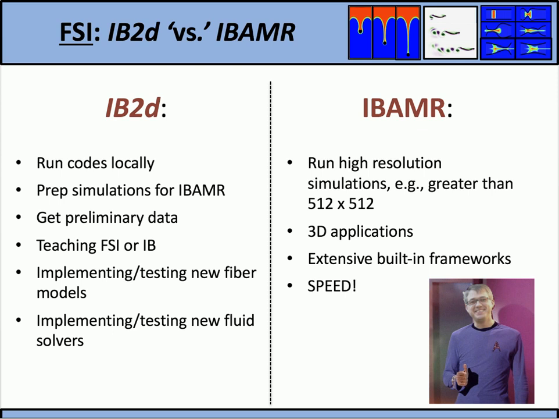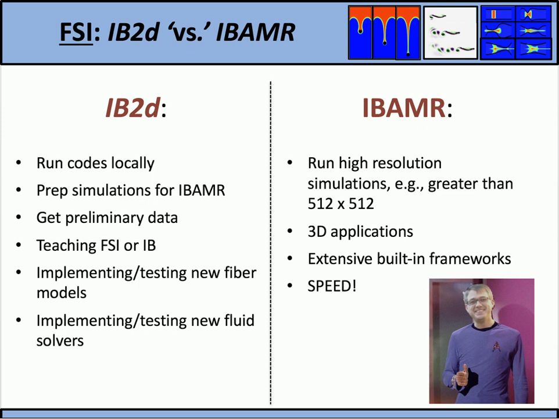IB2d, on the other hand, was developed to run codes very locally on your own machine as a way to prep simulations for IBAMR or get used to this immersed boundary framework in general. It can be used for getting preliminary data as well as higher resolved data for research. It's a good tool for teaching fluid structure interaction or just immersed boundary in general.